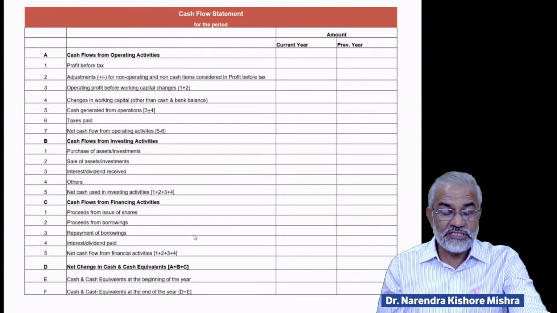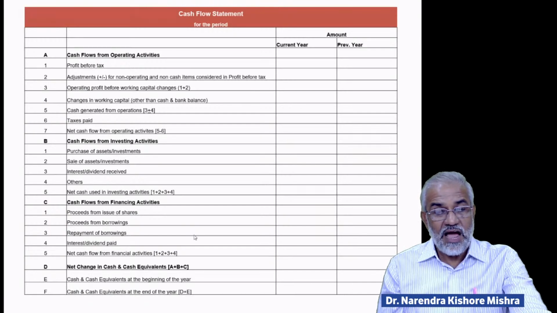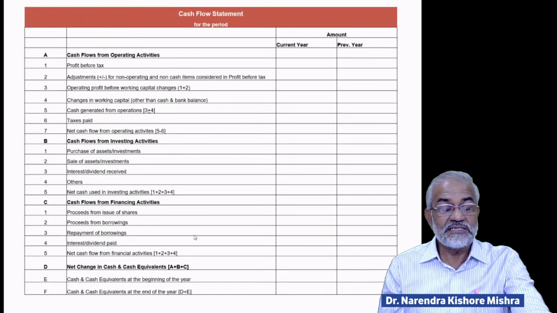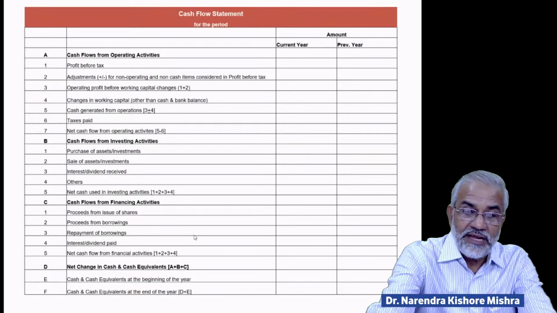When the opening cash and cash equivalent is added with the net inflow of cash from all the three activities during the year, or deducted from the net outflow of cash from all the three activities of the organization during that particular period, that will give rise to the cash and cash equivalent at the end of the year. And that figure, as reflected in the cash flow statement, must tally with the figures given in the balance sheet at the end of the year.